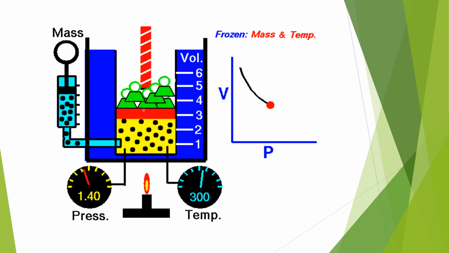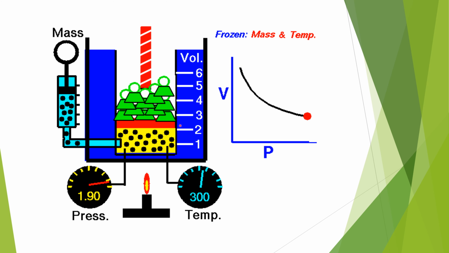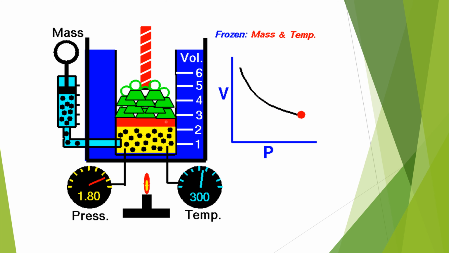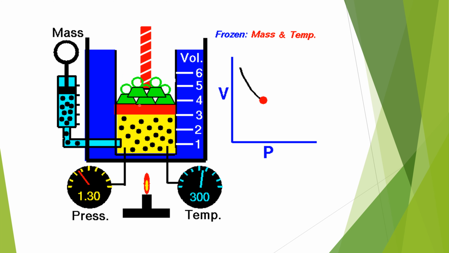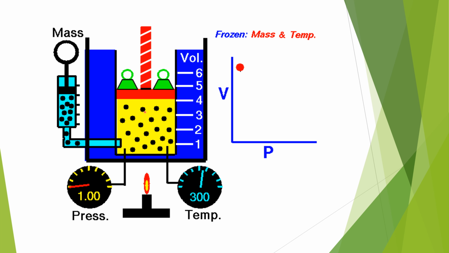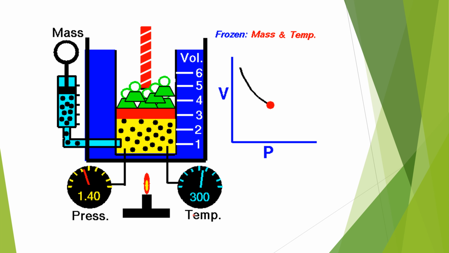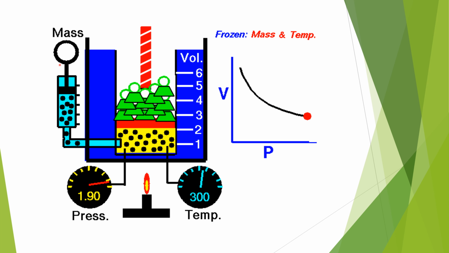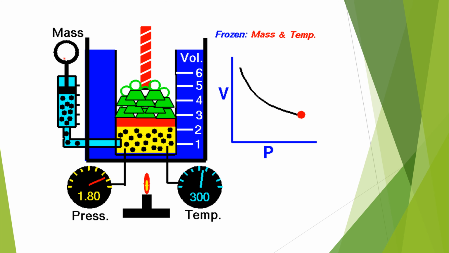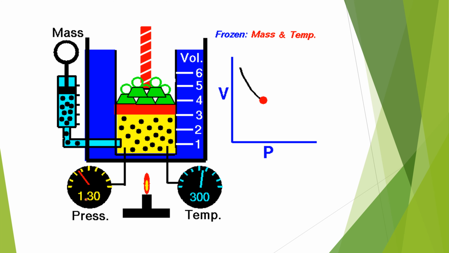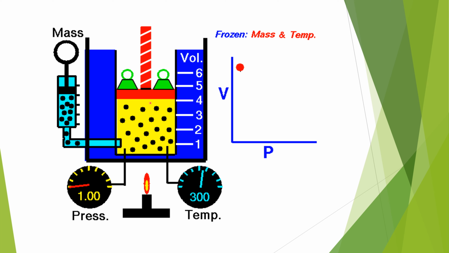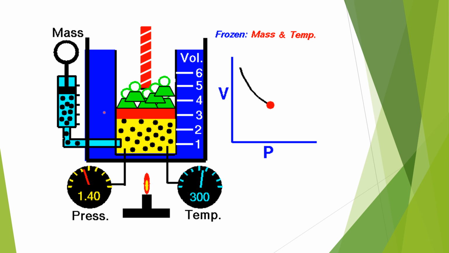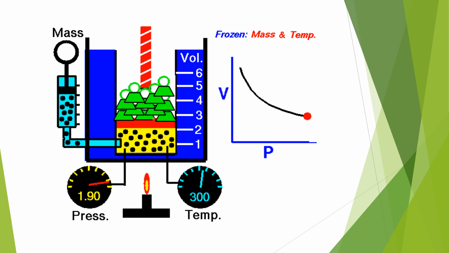Okay, so here is a gas-filled cylinder with a movable piston. This gas is at a constant temperature, 300 Kelvin, and we freeze the mass of the gas. Now if we change the pressure on the piston, the volume of the gas changes.